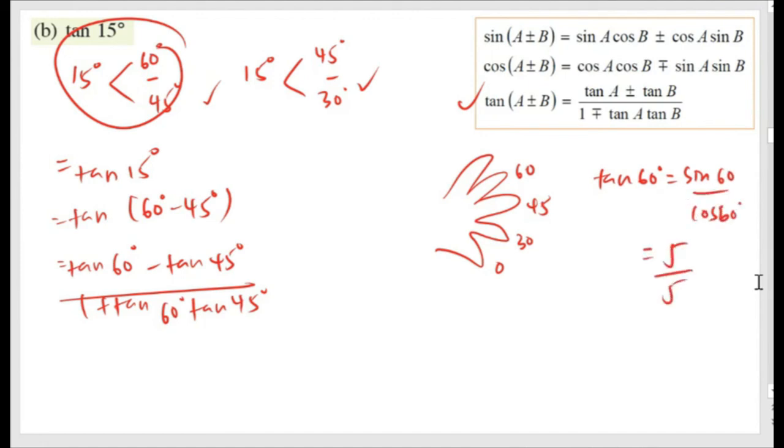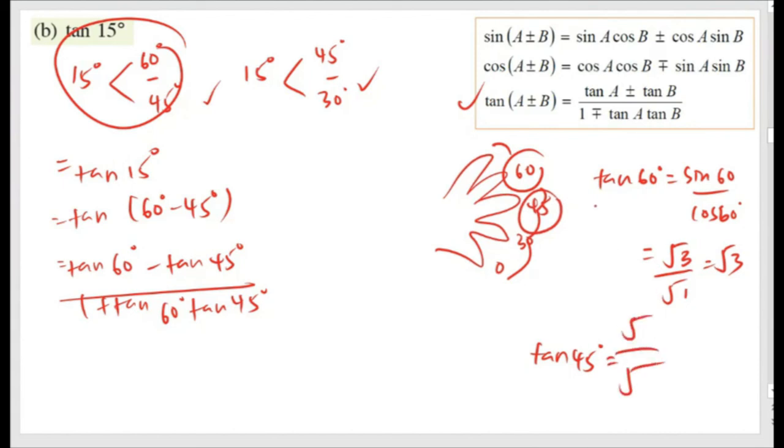Sine is go down 1, 2, 3. Cos go up 1. So square root 3. Tangent 60 is square root 3. Then what is tangent 45? Sine and cos for 45: go down 2, go up 2. Square root 2, square root 2. So tangent 45 is 1. Okay. So substitute inside: square root 3 minus 1 over 1 plus square root 3 times 1.